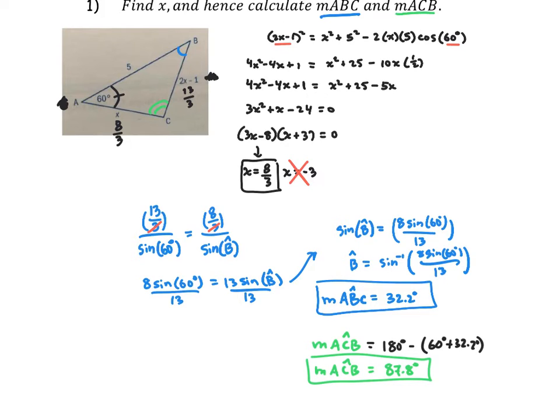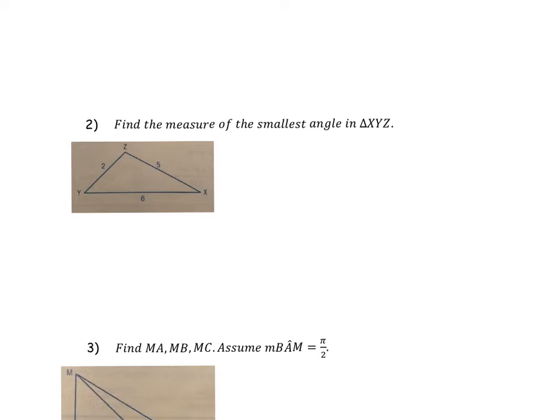All right, let's look at another example. Okay, number 2, find the measure of the smallest angle. Okay, the smallest angle will always be across from the smallest side. All right, so this would be the smallest angle, angle X. Okay, so I can't use law of sines here because in order to use law of sines, I have to have some kind of side angle pair.